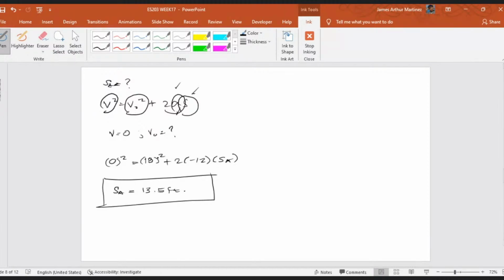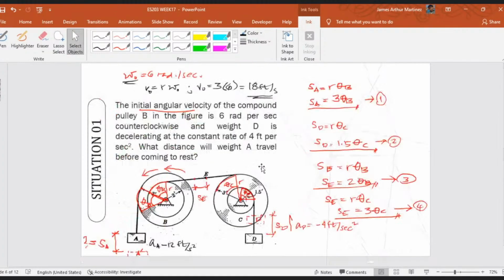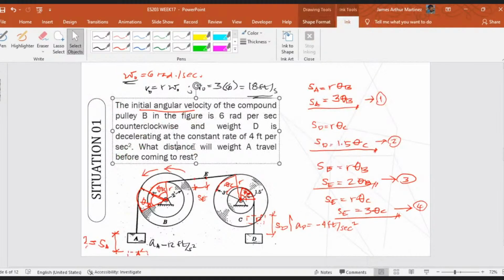So class, do not forget our discussion from the previous topic, because we can use it here. If in any case you encounter a problem where what is asked is the angular displacement of B or of C, then you can just play with the equations.